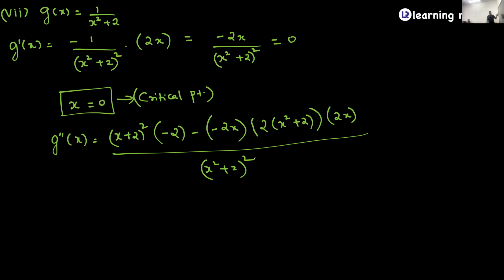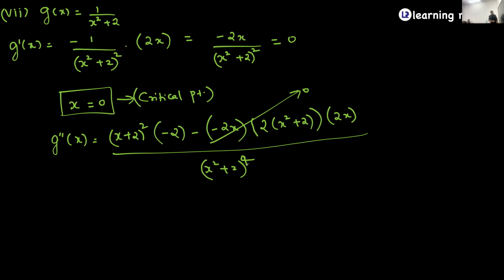Now the question is, if I take the 0 and substitute it here, this whole thing will disappear, because 0 into anything is 0. If I substitute a 0 here, it is gone.